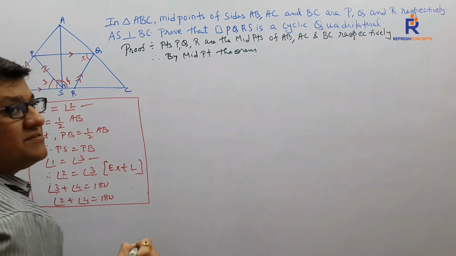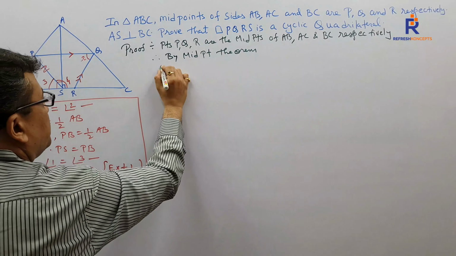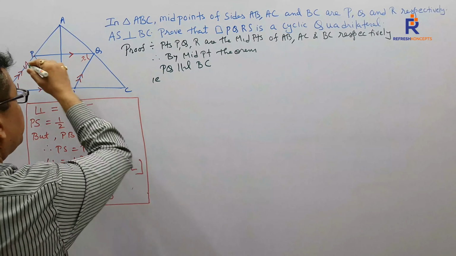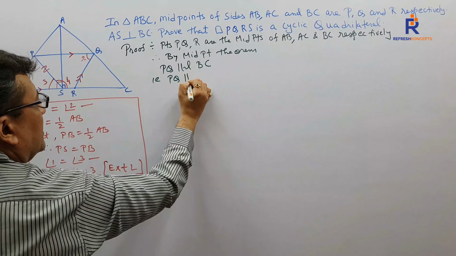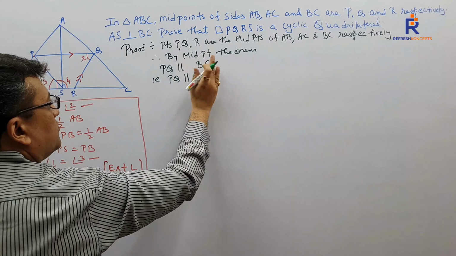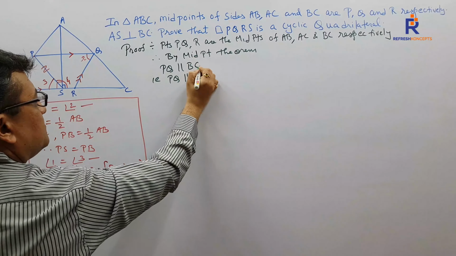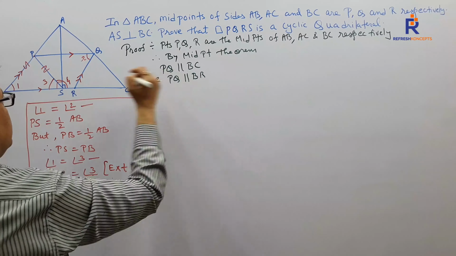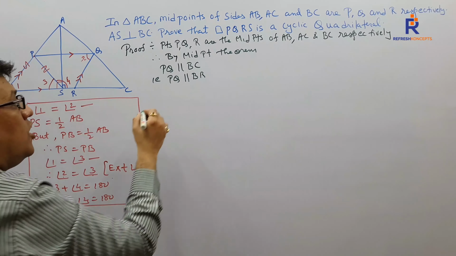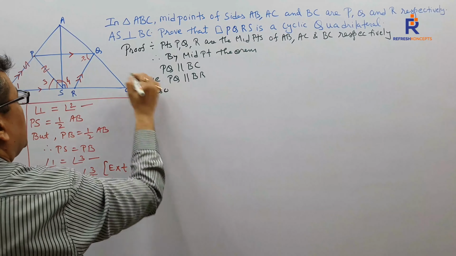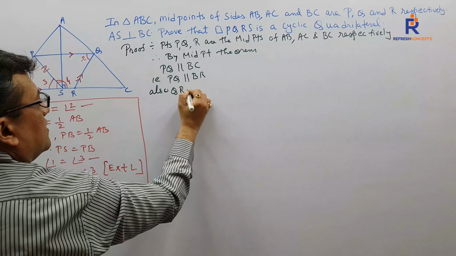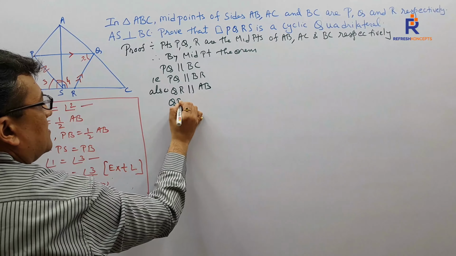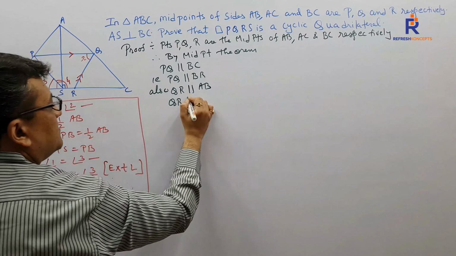PQ parallel to BC, that is PQ parallel to BR. BR is part of BC. Also, can I say QR parallel to AB, that is QR parallel to PB?